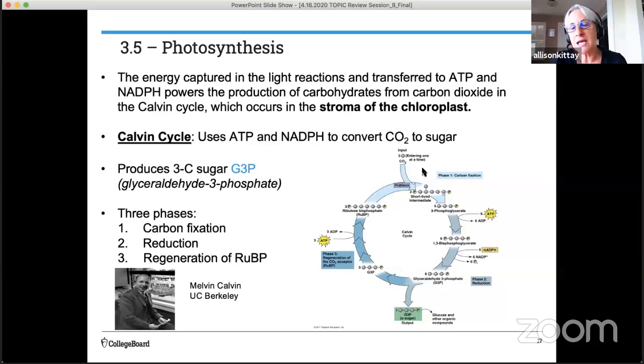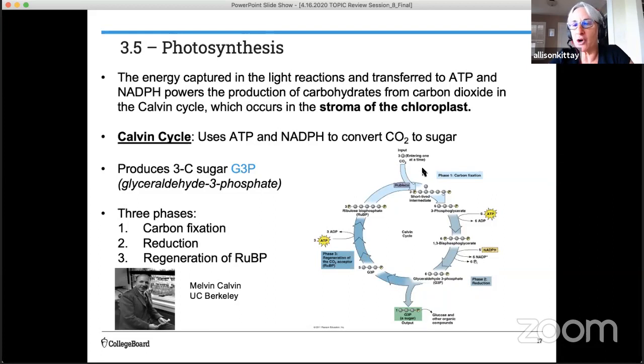And what it does is that it grabs the CO2 from the atmosphere and combines it with a 5-carbon molecule from the cycle called RuBP. And there is a super short-lived intermediate, and then that breaks down into another chemical called 3-phosphoglycerate. And now we're going to take that energy from ATP and NADPH to reduce it.